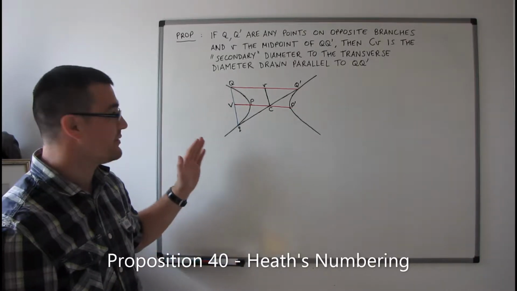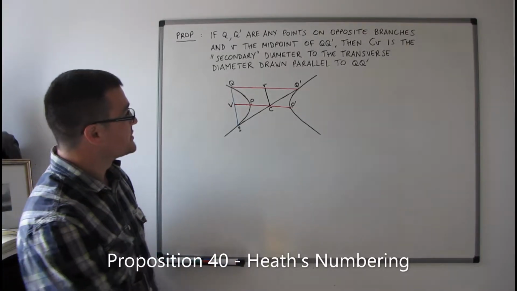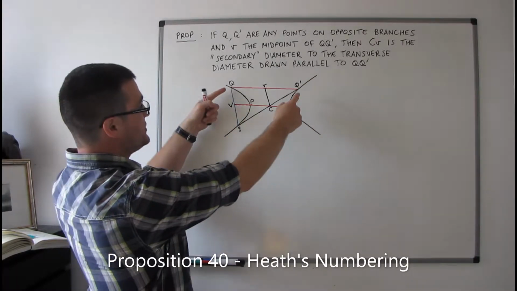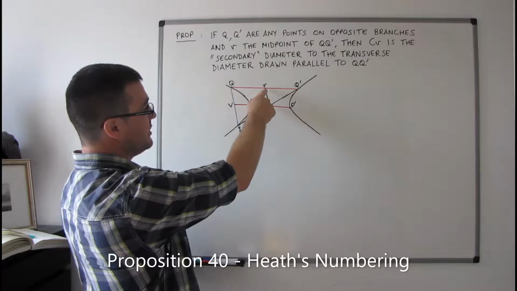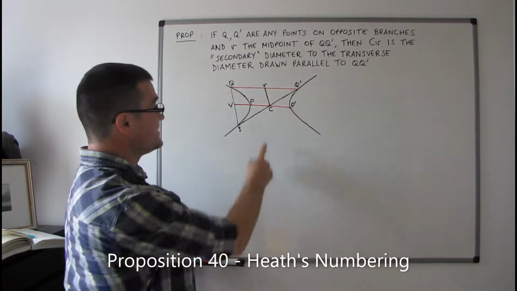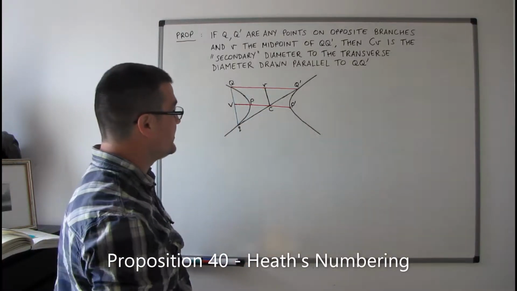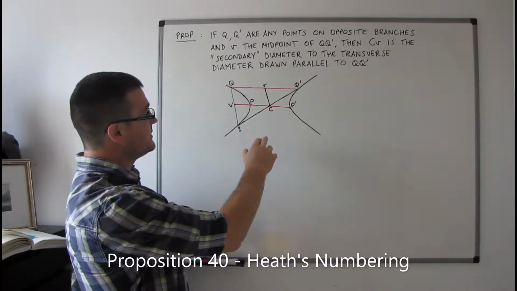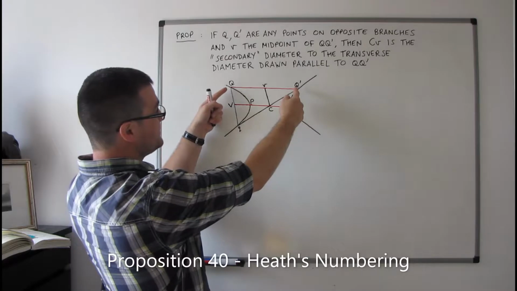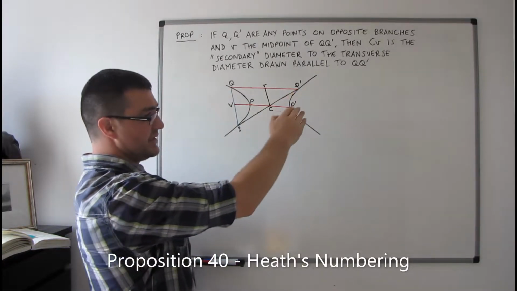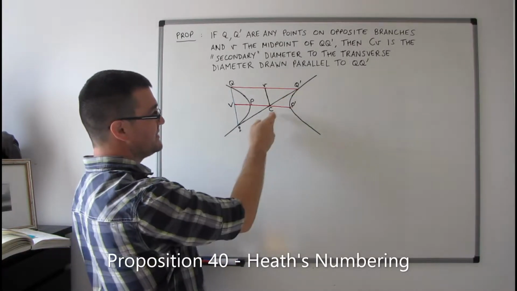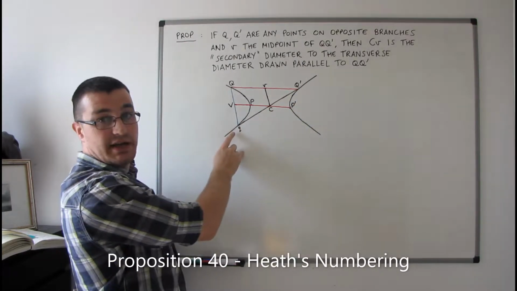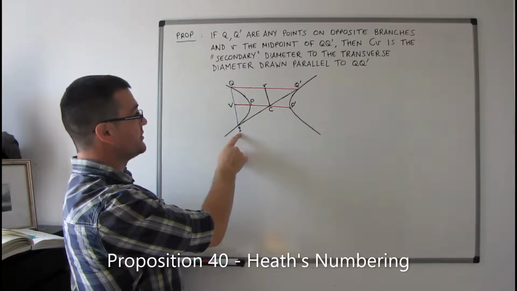So let me explain the diagram that we've got here. We've got a hyperbola, and we've chosen our points Q and Q', and lowercase v is the midpoint, C is the centre of the hyperbola. We've drawn the chord QQ', and a line that passes through Q' and the centre that is continued until it meets the hyperbola again at this point, lowercase q.